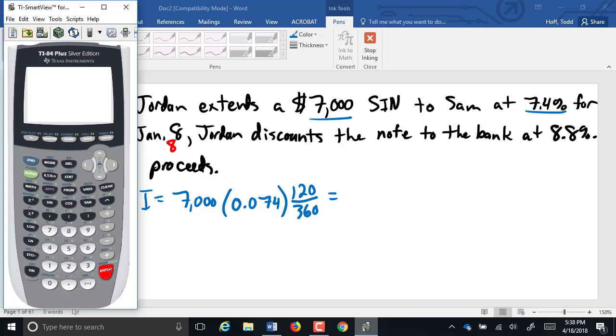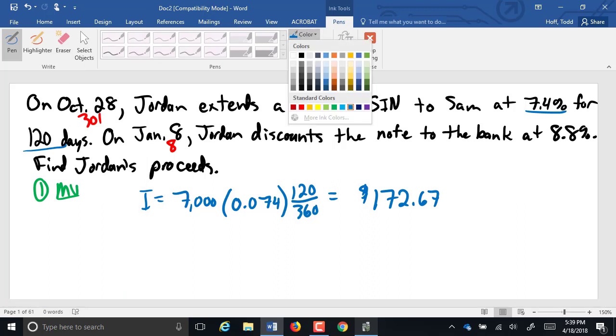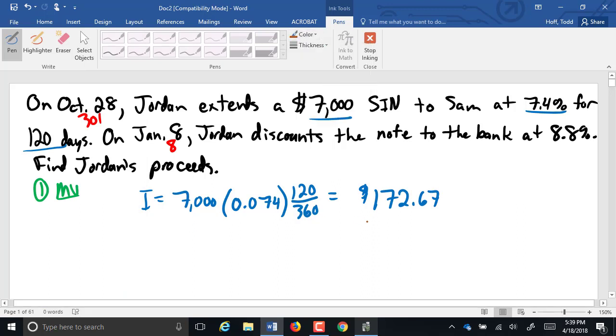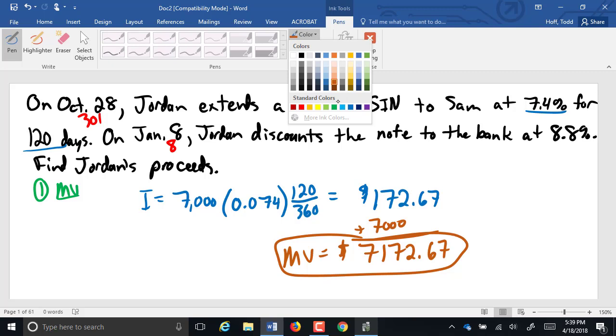Giving us 172.67 is our interest. Now the maturity value, add that $7,000 principal back to it. $7,172.67. What's step 2?